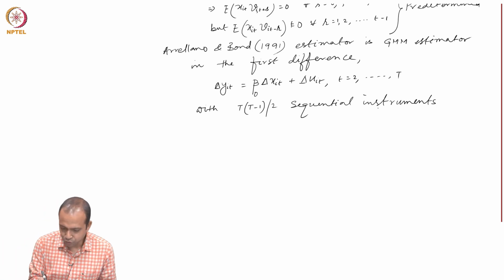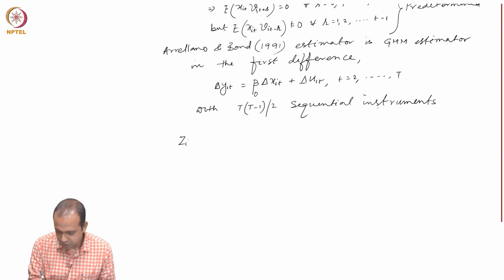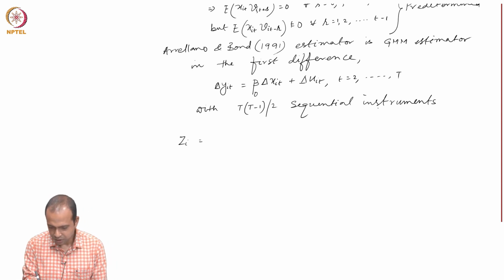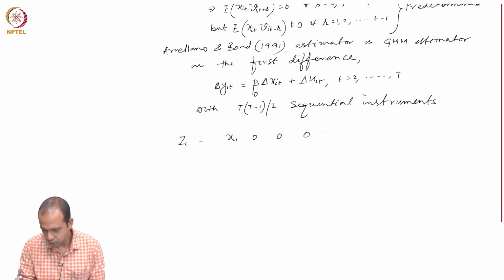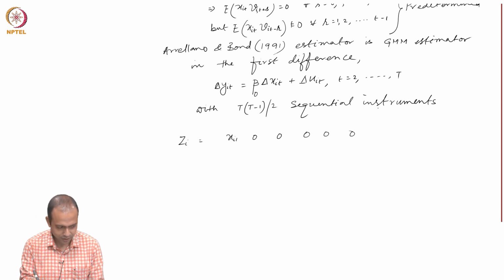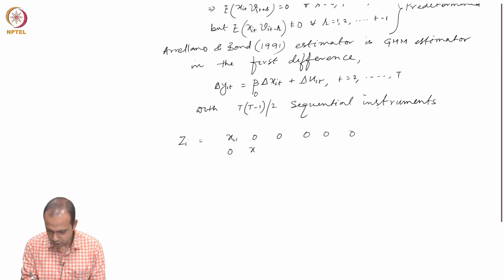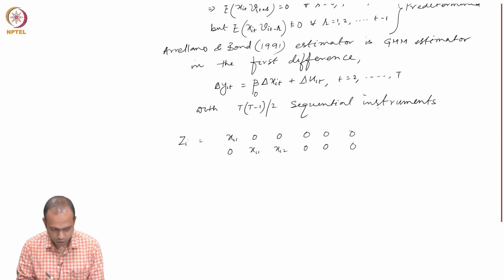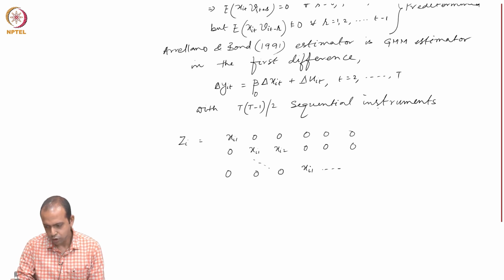And then if you recall our Z matrix, that means the instrument matrix, was this: x_i1, and then 0, x_i1, x_i2, and then 0 0 0 and then x_i1 up to x_i,t minus 1.